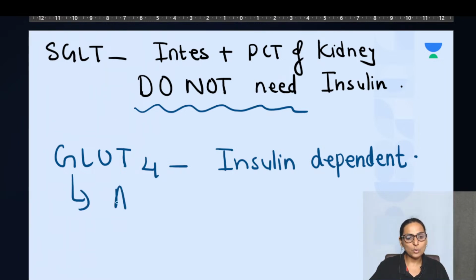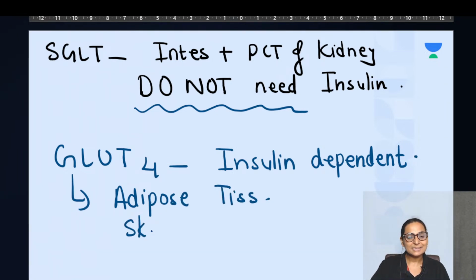This GLUT4 is present in the adipose tissue and in the skeletal muscle. Very good, Renu. SGLT inhibitor, canagliflozin. Very good. So, adipose tissue and skeletal muscle have GLUT4.